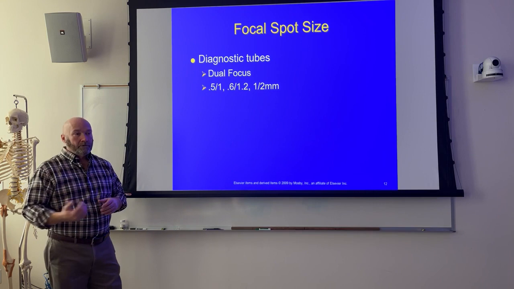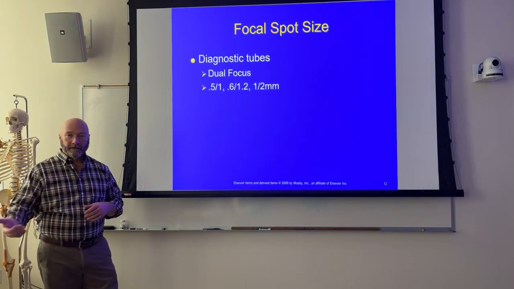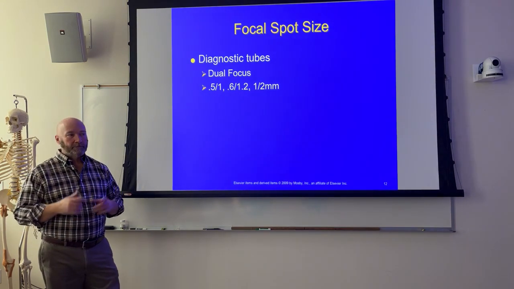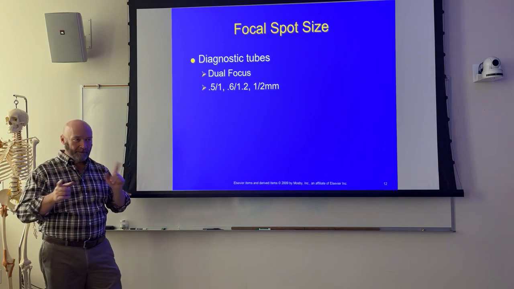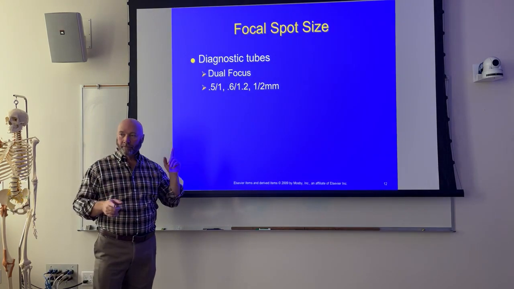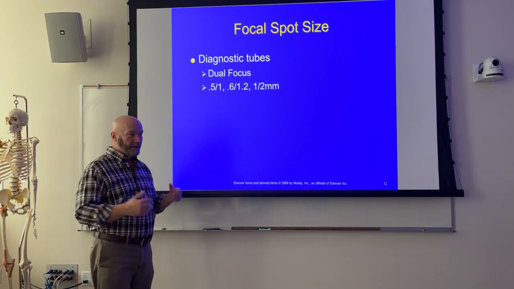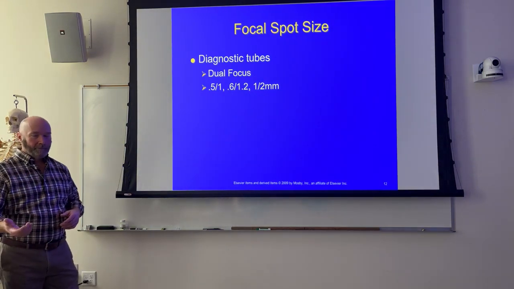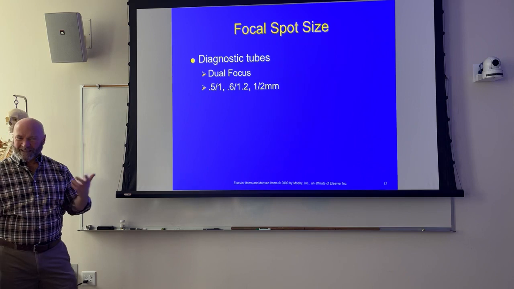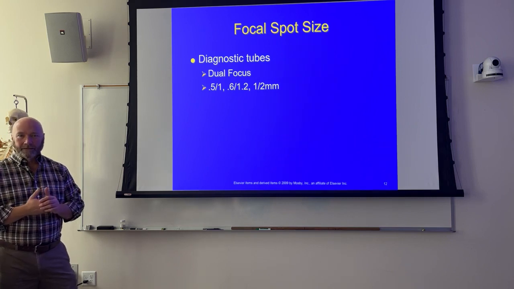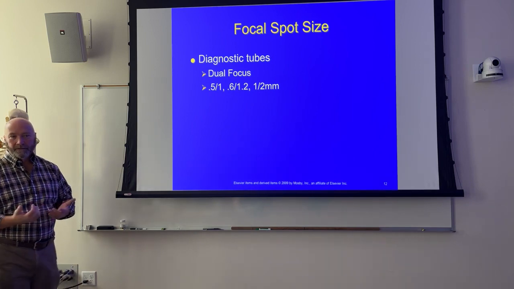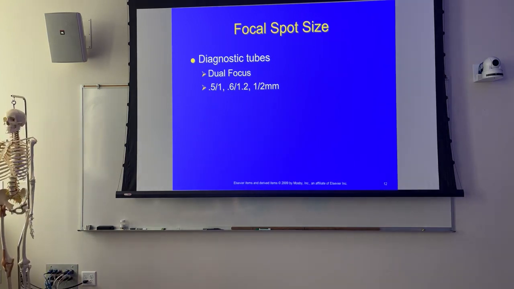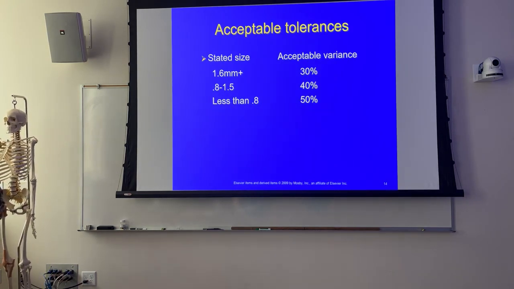The answer is no. KVP equals KVP, MA equals MA, time equals time. So if you get the same KVP and mass to shoot on both large and small focal spot, you should see no difference in the output of the X-ray tube. Okay, does that kind of make sense? Kind of? Yeah, okay.